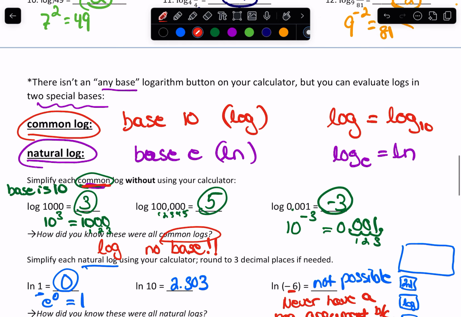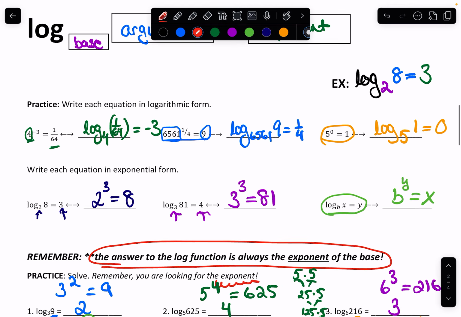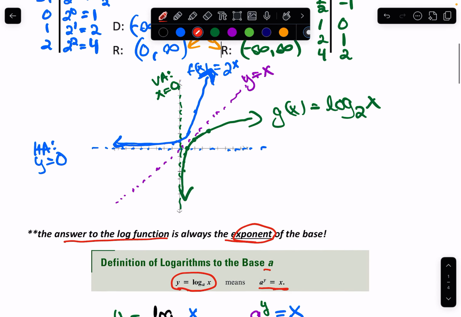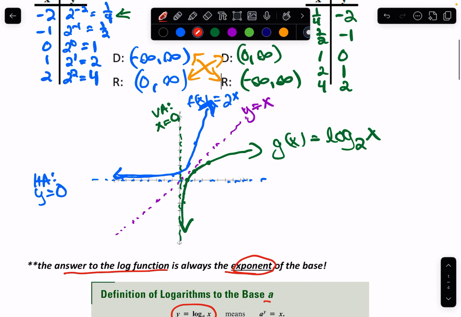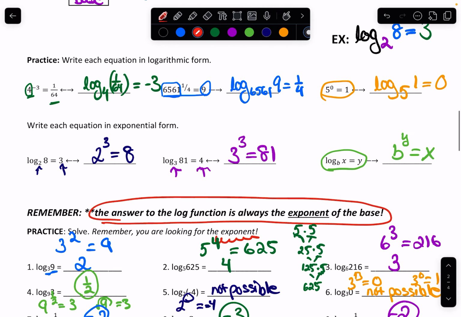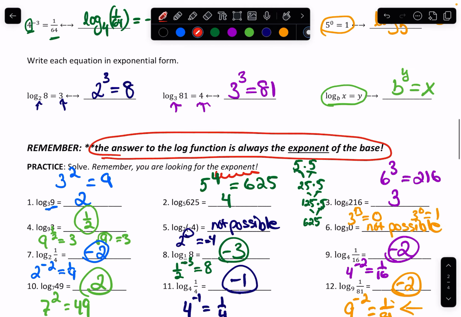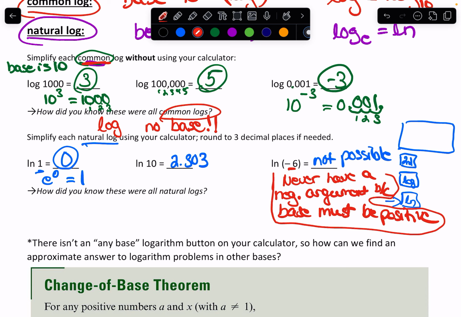Remember here when we graphed the log, this doesn't actually show the base, but your base has to be always a positive with the log.